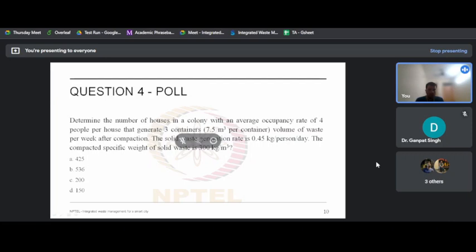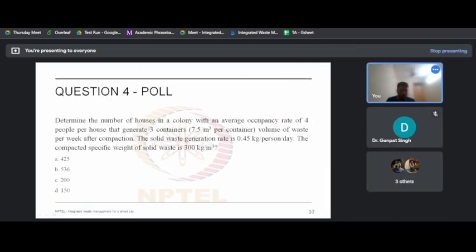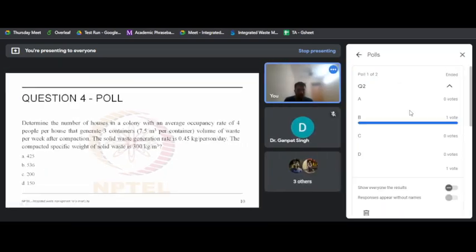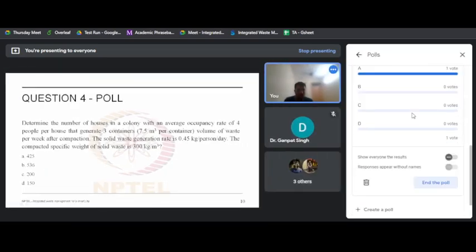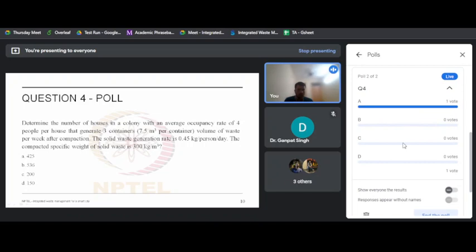No issues if you are getting something different from the options, you can put that also. Someone has voted in favor of option A. Okay.